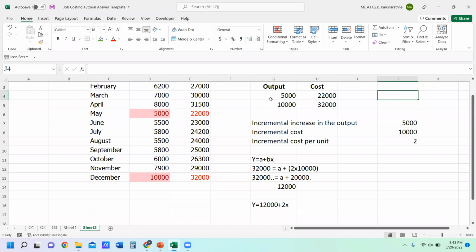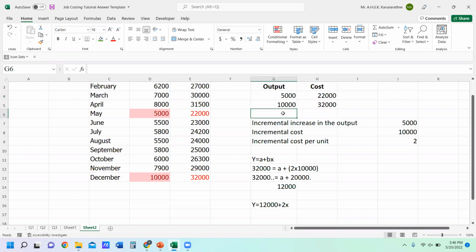Got the point? Sometimes we have seen questions saying that when the output level increases from 5,000 to 10,000, the company's certain capacity level is exceeded. As a result, an incremental fixed cost of let's say 2,000 is incurred.